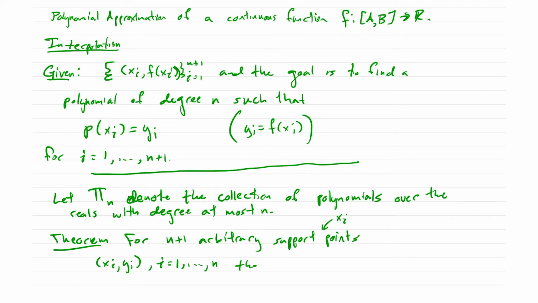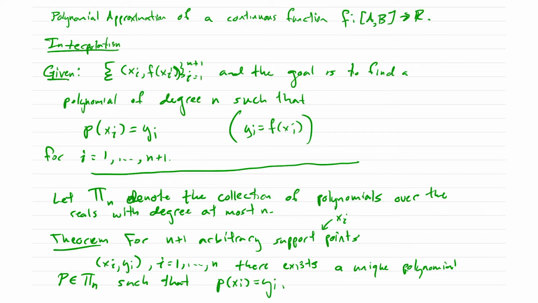There exists a unique polynomial p in big pi of n such that we have p of xi is equal to yi for i equal 1, 2, up to n plus 1.